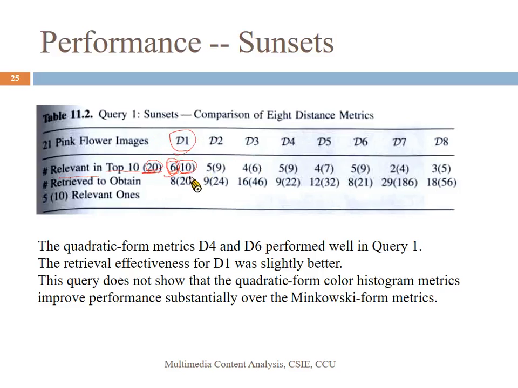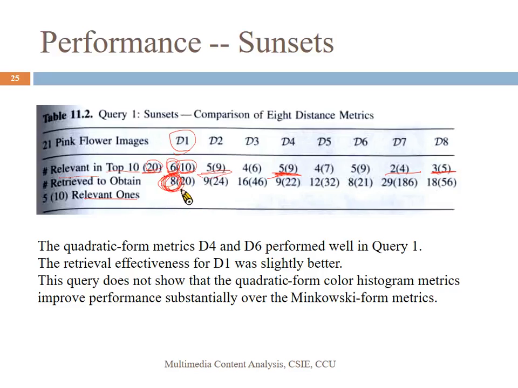We can see that D1 is good, D2 is also good, D4 is also satisfactory, but D7 is quite bad, and D8 is quite bad. If we consider the retrieval needed to obtain 5 relevant ones, that means in the top 8, we have 5 relevant images until we return the top 8 images.